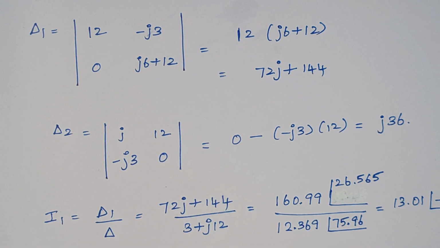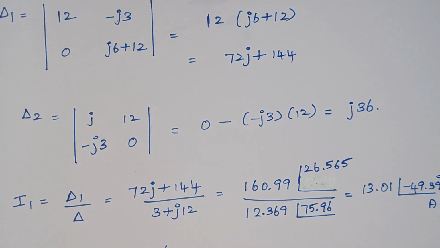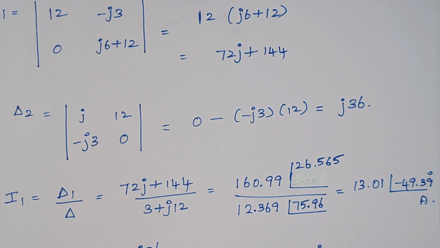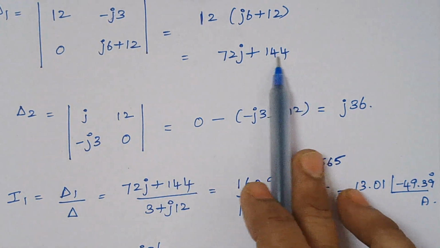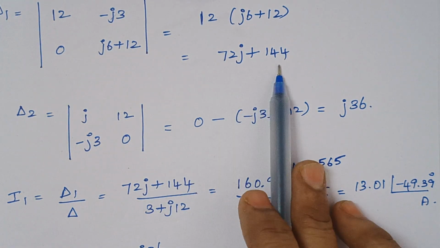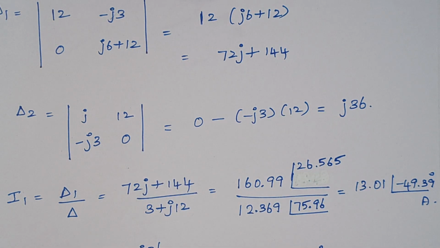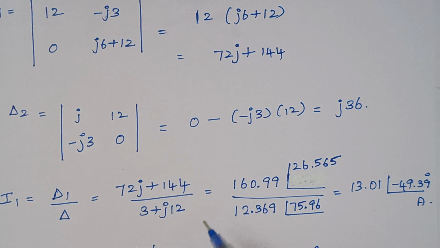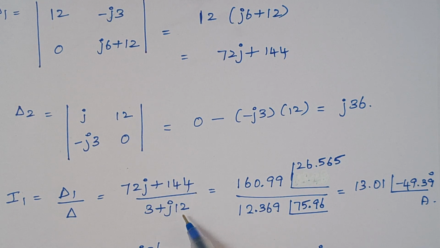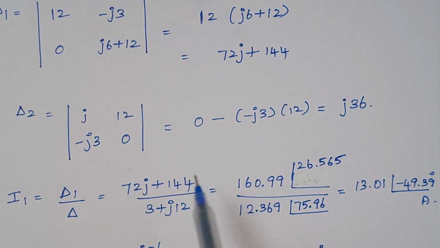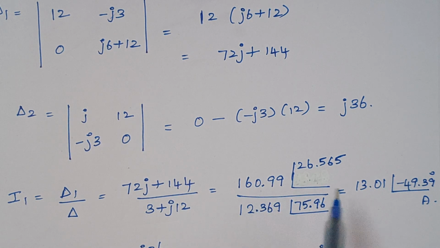Now we are going to find the values of I1 and I2. The value of I1 is del 1 by del, so del 1 is 72j plus 144 and del is 3 plus j12. You can solve this directly in a calculator, or convert the rectangular coordinates to polar form and solve.